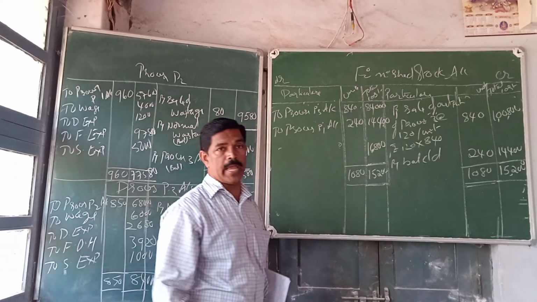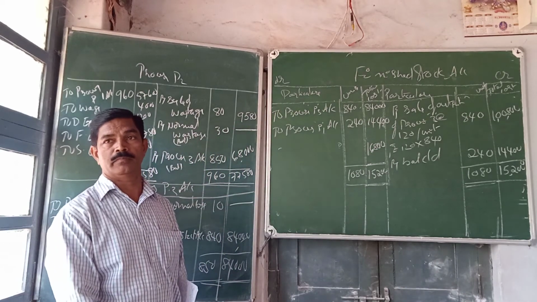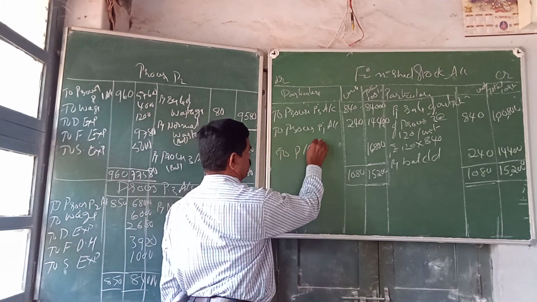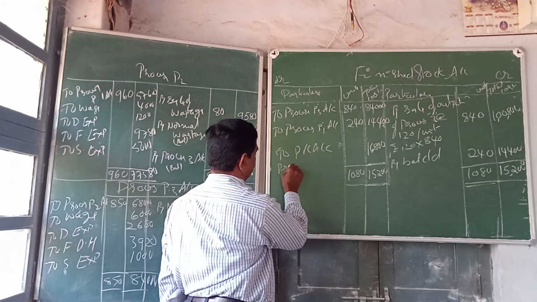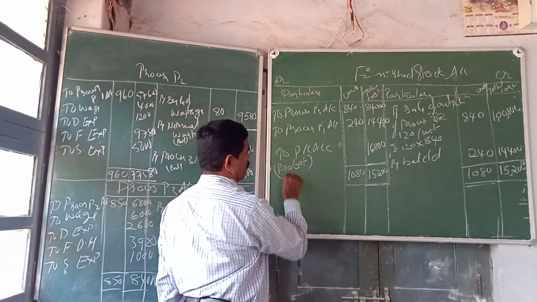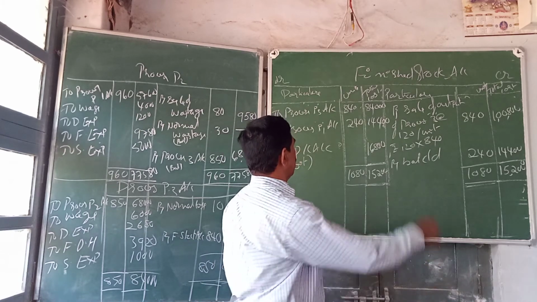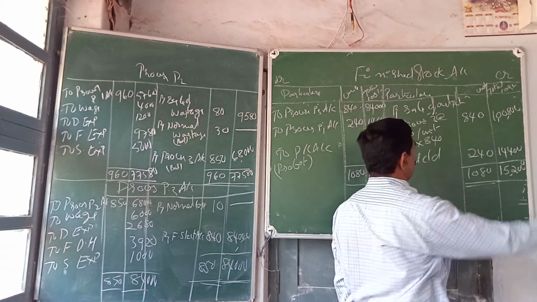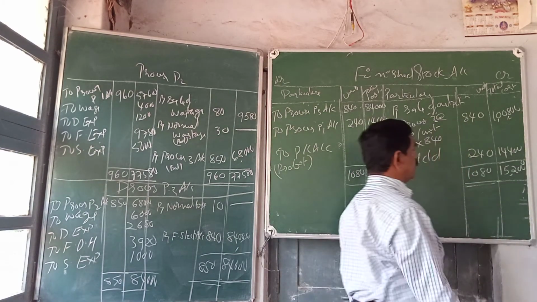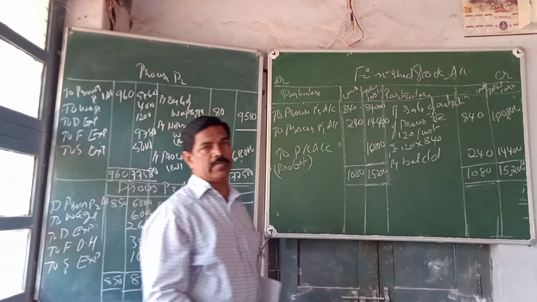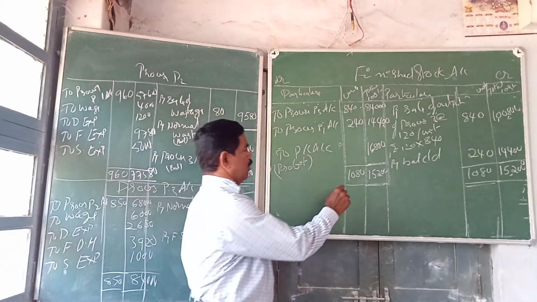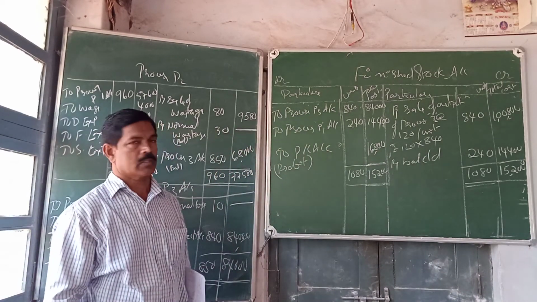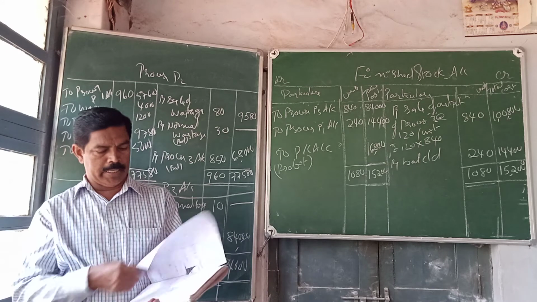So the difference is known as what? Profit. To profit and loss account. This is the profit. Why? Cost of 840 units is 84,000, but sold for 1,08,000. So it is more than the cost, which means the difference is the profit. So 16,800 is the profit.